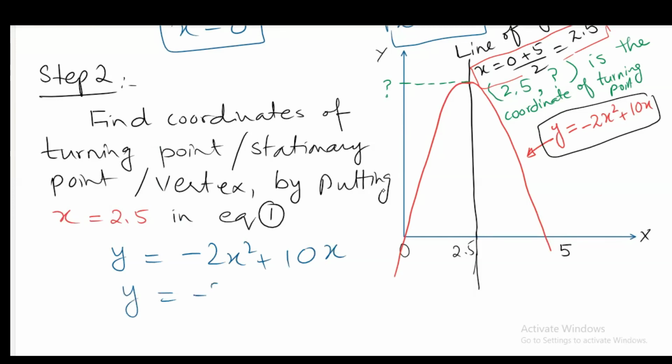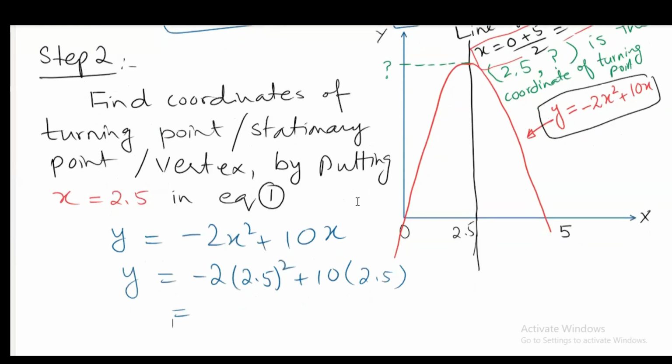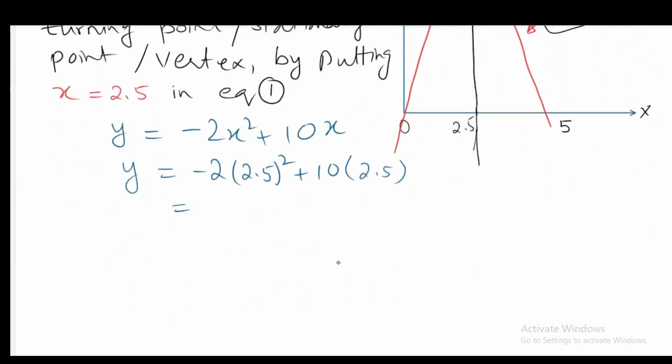So y equals minus 2 times 2.5 squared plus 10 times 2.5. Sorry, 2.5 squared is 6.25.